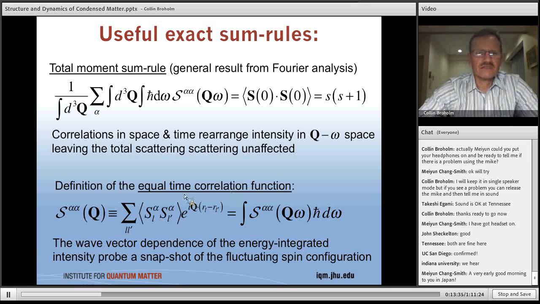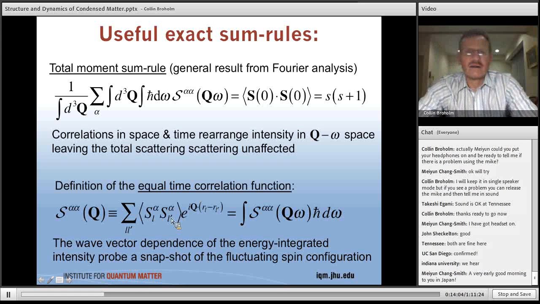is this expression for the so-called equal time correlation function. And this is, again, a pretty simple result out of Fourier transforms. So I've written here a definition of a new entity, if you will, which is what we call the equal time correlation function. And it's defined as the Fourier transform in position space of the 2-point correlation function between these spin operators at position L and L prime.